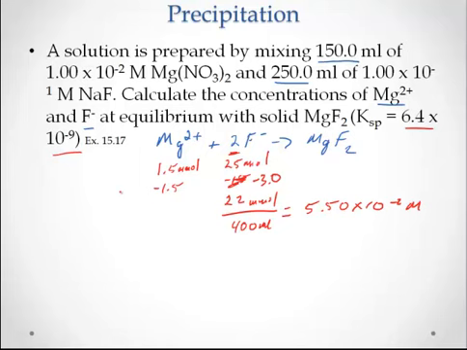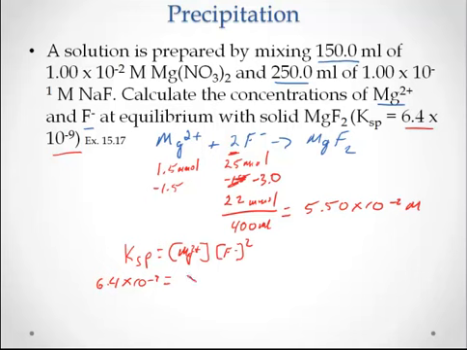But how could we find out the magnesium? Well, let's just set up a good old Ksp problem, right? Ksp equals Mg2+ times F- squared, right? Now look what I know. I know this value, 6.4 times 10 to the minus ninth, right? I don't know this number, that's x, but I already know that this much excess is floating around.